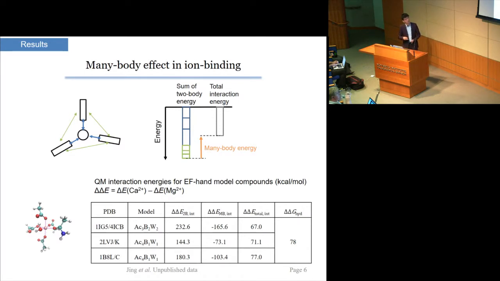And these are the results from quantum mechanical calculations for the two-body energy and the many-body energy for the calcium binding pockets. The difference is between magnesium complexes and calcium complexes.